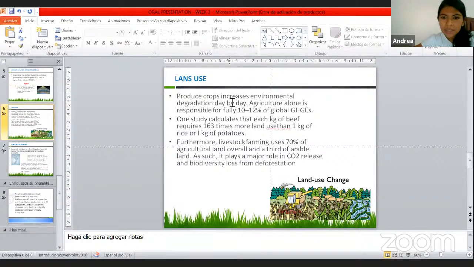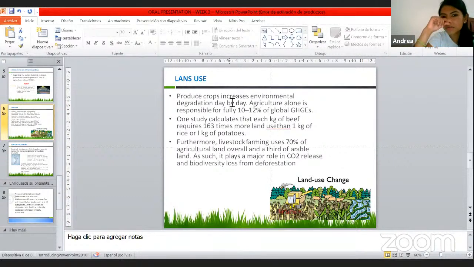One study calculates that each kilogram of beef requires 163 times more land than 1 kilogram of rice or 1 kilogram of potatoes. So if you see this difference, you can imagine the big impact that producing 1 kilogram of meat has in comparison to producing something like potatoes or rice, which is something that we all have.